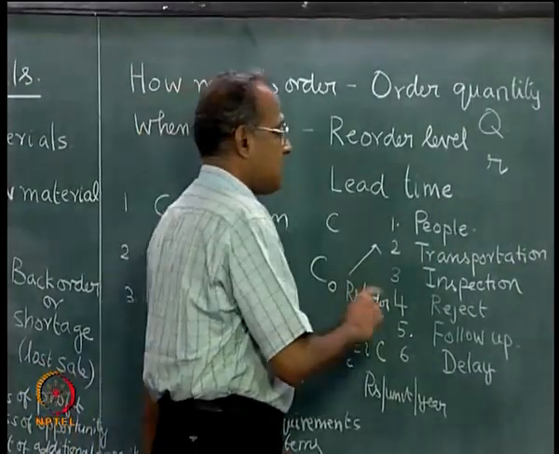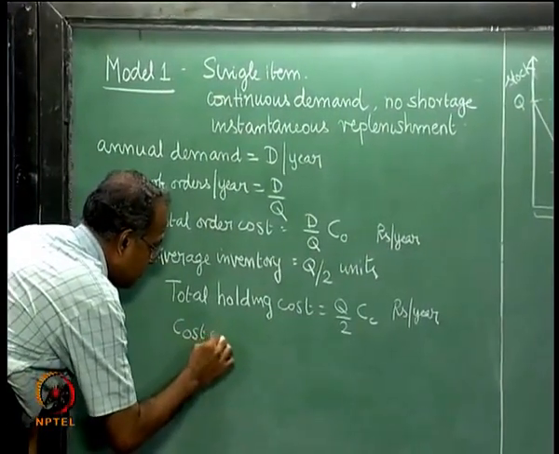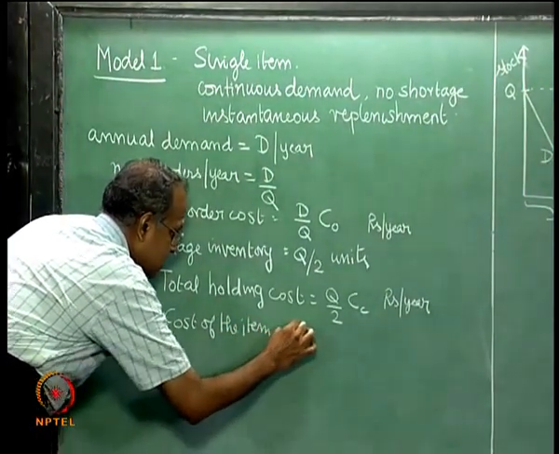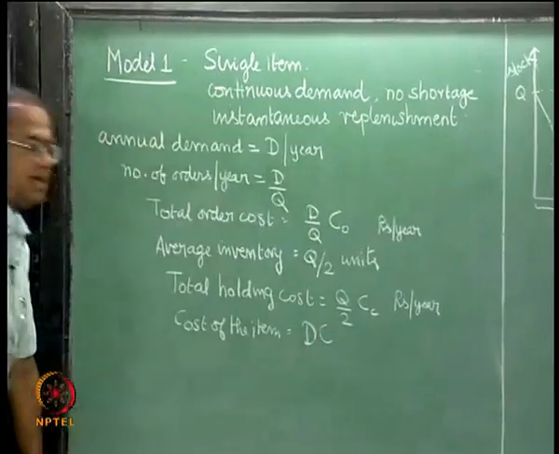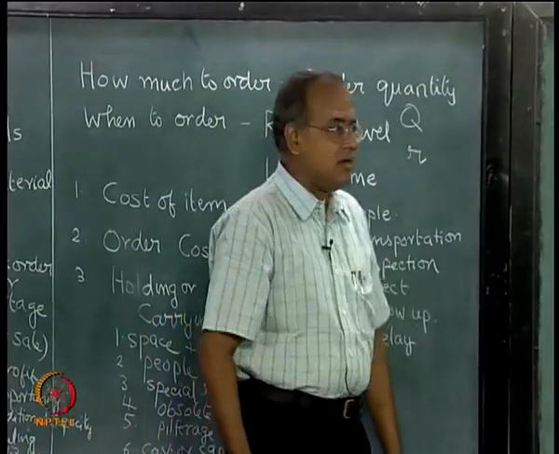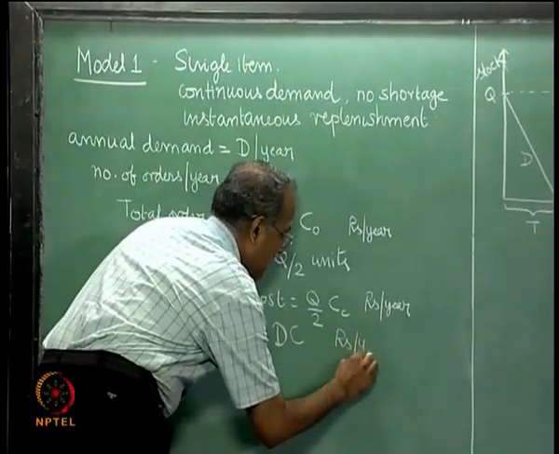Now there is this cost of the item. So cost of the item is equal to D into C. D is the annual demand, C is the unit cost of the item. So D into C, rupees per year.